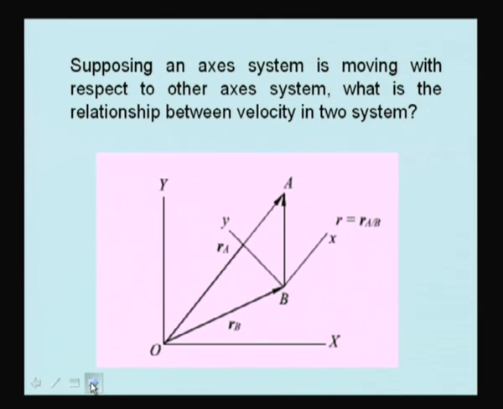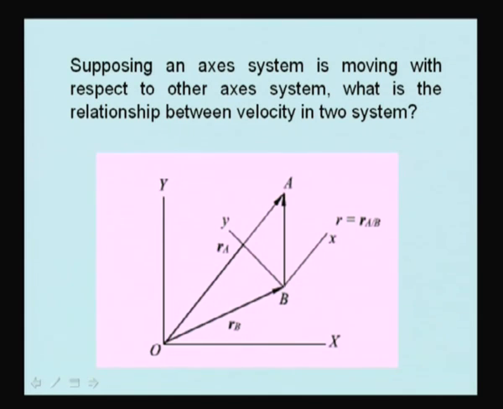Now, here in this figure, O, x and y are the axis system shown, and one particular particle point is indicated by B. RB is the position vector. Another point is A, and RA is its position vector.